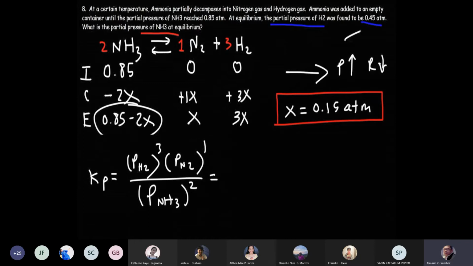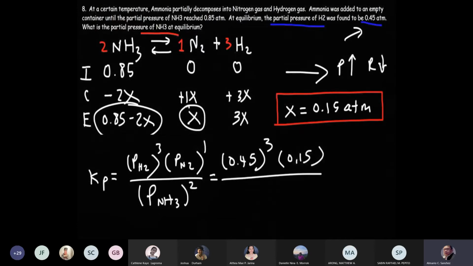So the partial pressure of H2, that's 0.45. For N2, it's simply x, which is 0.15. And for NH3, we calculated it to be 0.55 based on that expression, and we need to square it.